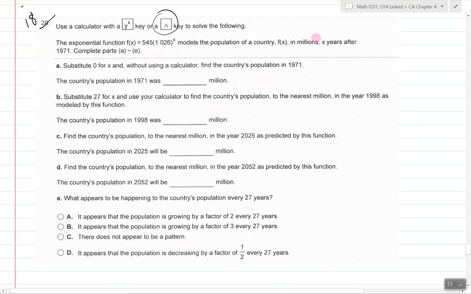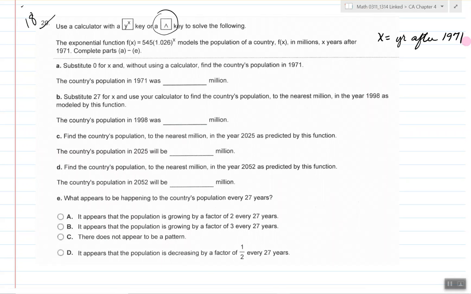F of x is in millions, x years after 1971. So you're going to have to be careful because x is the year after 1971. So if we were talking about 1972, x would be 1.